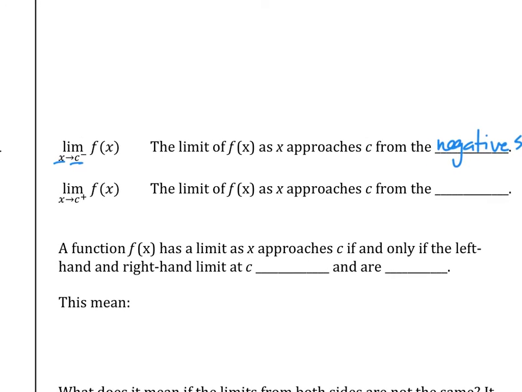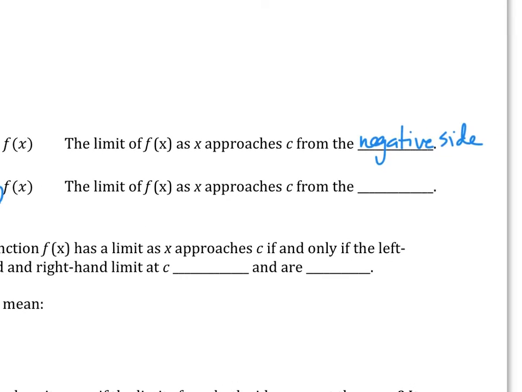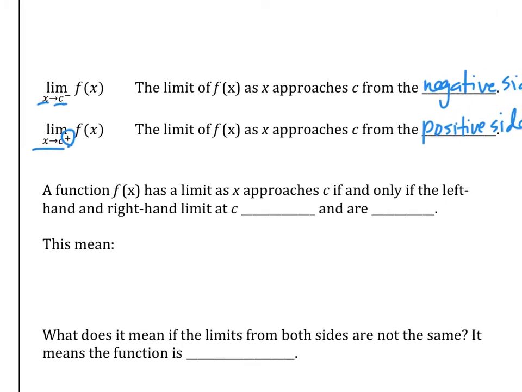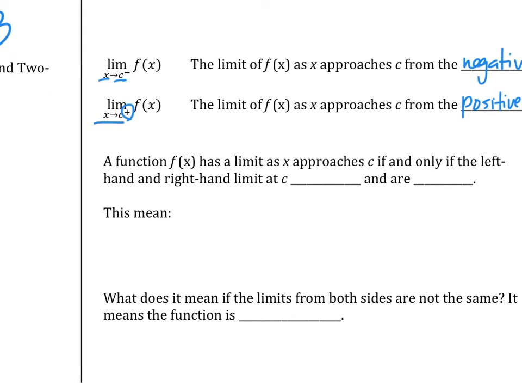Okay, and likewise, this one with a plus means going to c from the positive side. Now the theorem says if a function has the limit, then x is approaching c from the left and right, and they are actually the same value.